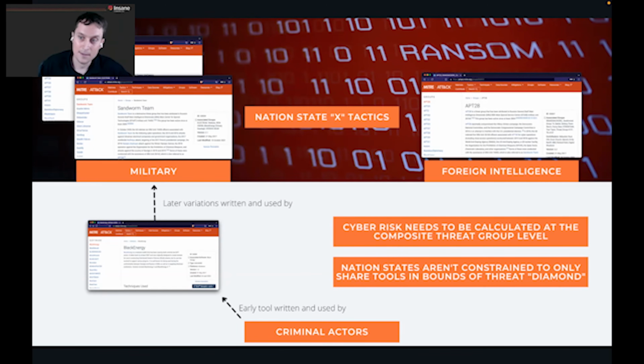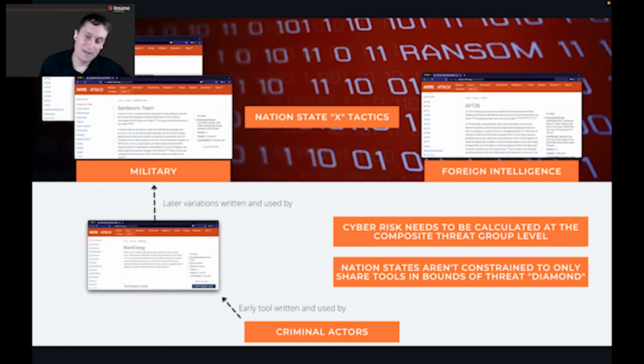That same nation state has foreign intelligence groups. And in a lot of the first world nations, the military and foreign intelligence groups overlap. People do assignments on either side, and there are people that swap between. So while there might be a mission or a unit area that's specific, you have to remember there are multiple groups at the top.